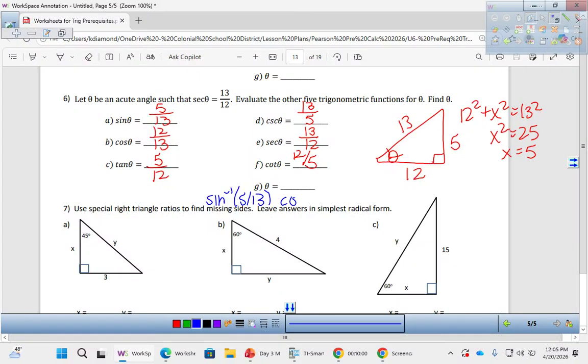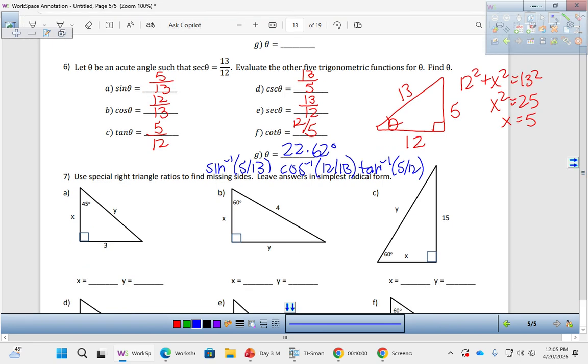I could do cosine inverse of 12/13. Or I could do tan inverse of 5/12. I'm going to go with cosine since that was the one I got from the given information. So I'm going to do the cosine inverse of 12/13. But if you check them all, you're going to get the same answer for all of them, which is 26.2 degrees.